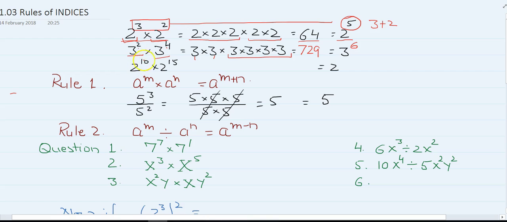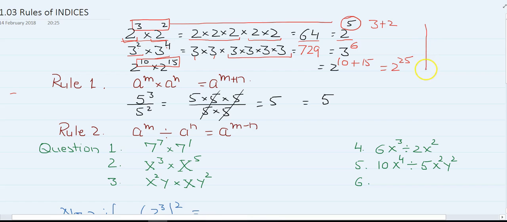In the same way, if we multiply 2 to the power 10 and 2 to the power 15, we need not write 2 ten times and then 2 fifteen times. We can simply add these powers. So our answer will be 2 to the power 10 plus 15. So our answer is 2 to the power 25.